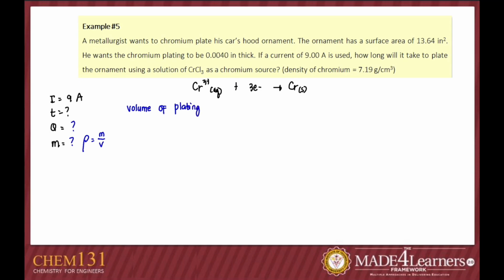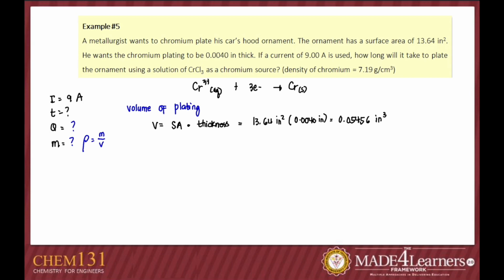So V is equal to the surface area times the thickness. So surface area is 13.64 inches squared times the thickness of 0.0040 inches, and that's equal to 0.05456 cubic inches.